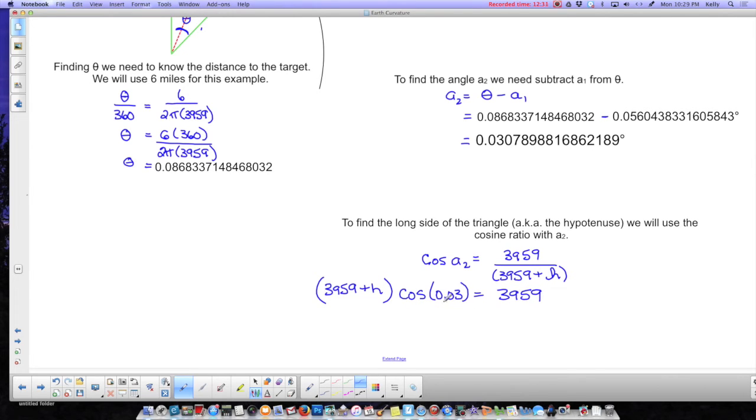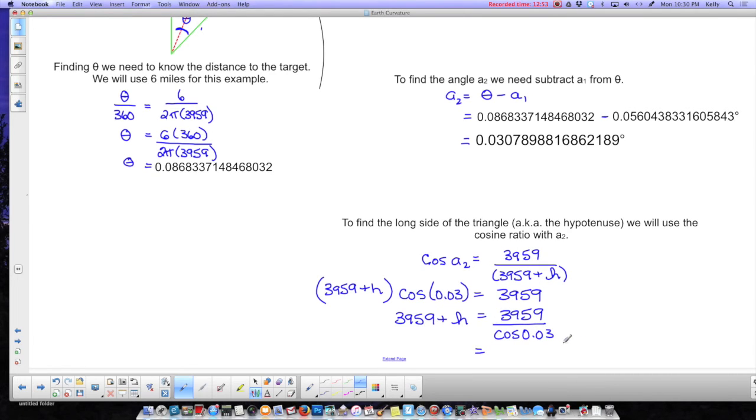Now this cos of 0.03, I want to get rid of it. I'm going to divide both sides because these two things are being multiplied. So to get rid of this, I divide both sides and I get 3959 plus h is going to equal 3959 divided by the cos of 0.03.